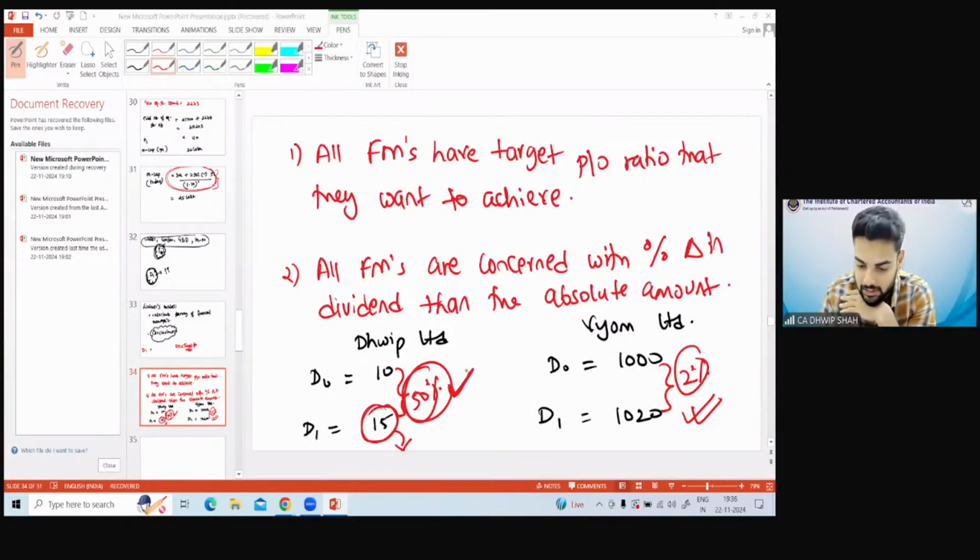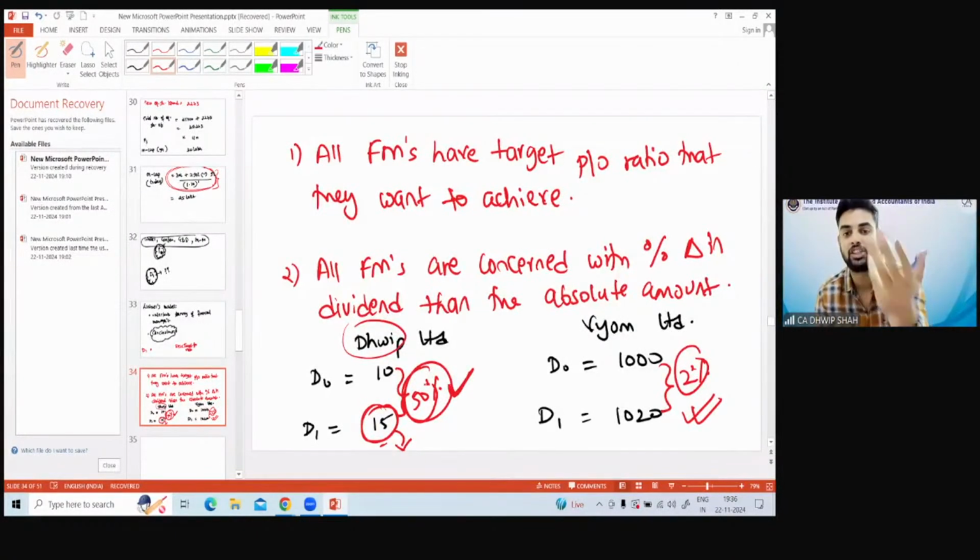Did you follow this? They are not concerned with absolute amount. This company is giving 1,000 rupees of dividend. This is just giving 15. So in absolute amount, Dweep Limited is giving very less dividend, but it has given a growth of 50%. Now this hits the financial manager. Okay, how can I grow dividend by 50%?